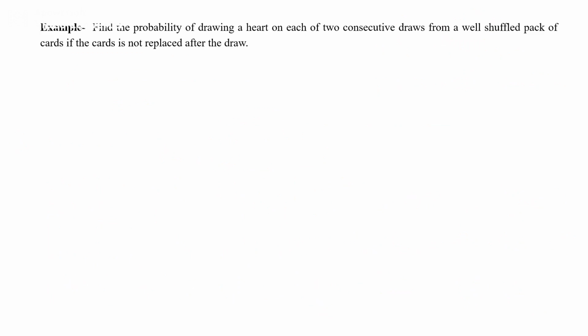Next example: find the probability of drawing a heart on each of two consecutive draws from a well shuffled pack of cards if the card is not replaced after the draw.